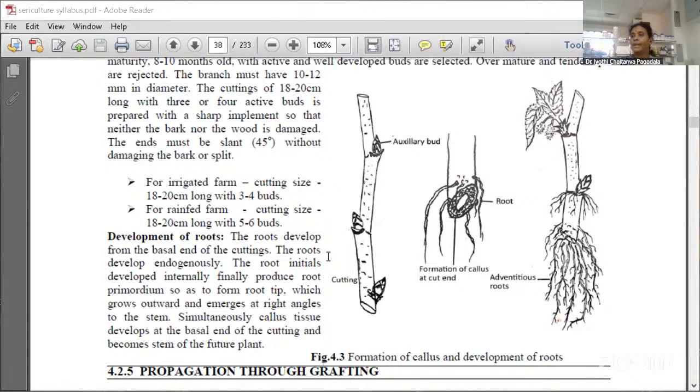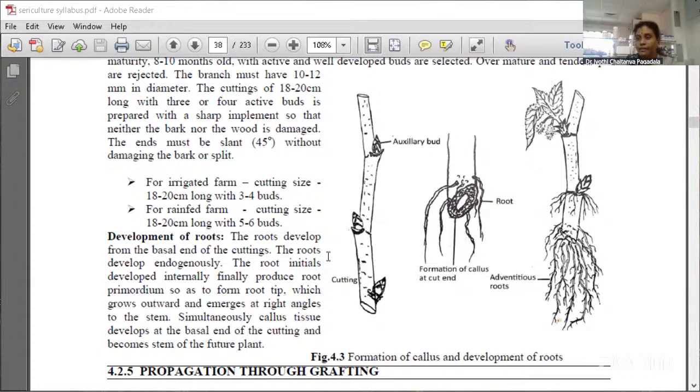The cuttings of 18 to 20 centimeters along with 3 or 4 active buds are prepared with a sharp implement so that neither the bark nor the wood is damaged. The ends must be slanted as we discussed in the previous sessions. The slant must be 45 degrees in angle without damaging the bark or causing a split.